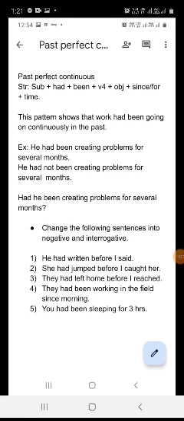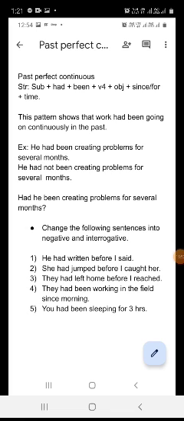So this is the example of past perfect continuous. Is it clear to all of you or anyone wants to ask any question? It is quite clear to everyone. Okay. Now I have given you only 5 questions.